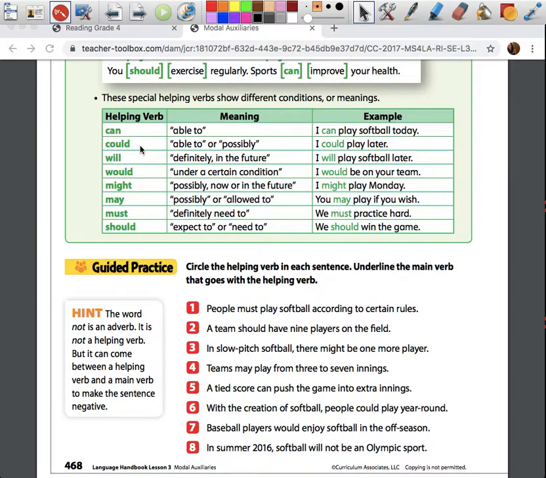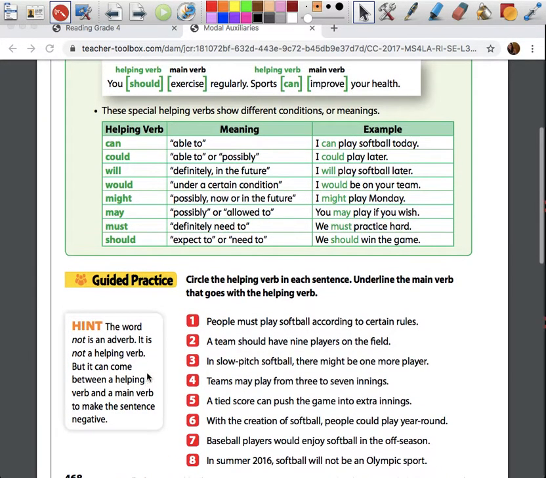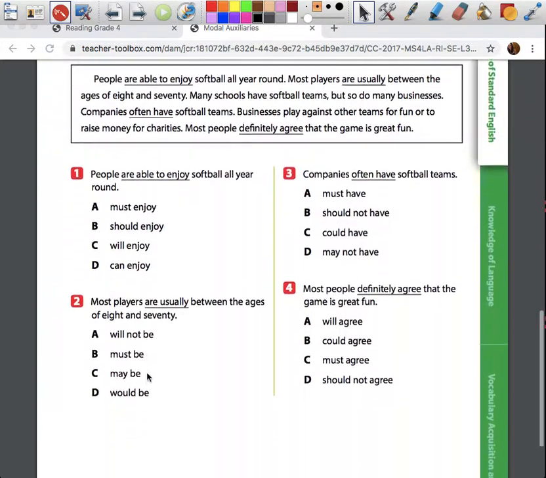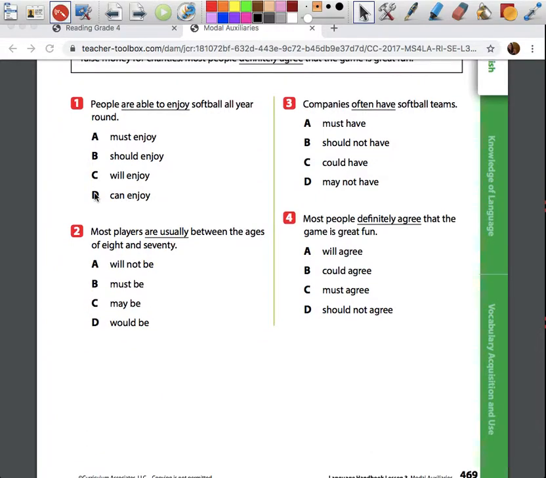And remember, could is past tense. And this paragraph is speaking in present tense. So I'm going to say can enjoy. Okay, and let's see if when we replace it, it makes sense. People can enjoy softball all year round. And I think we would agree that that would make sense.